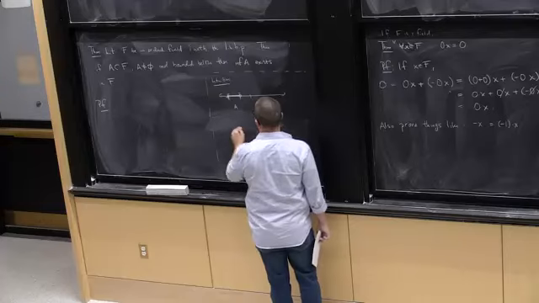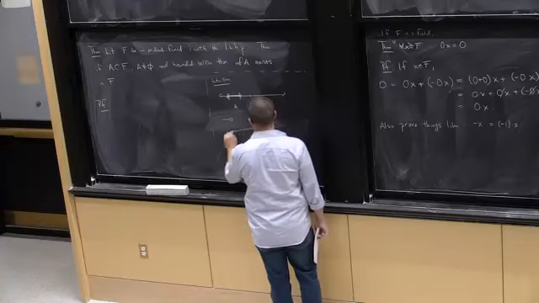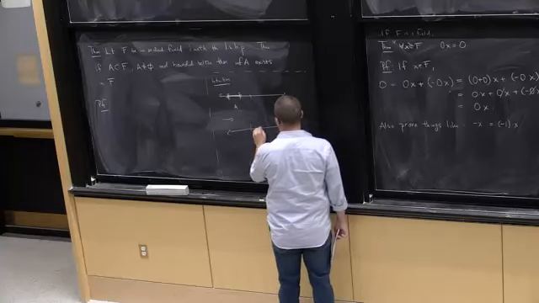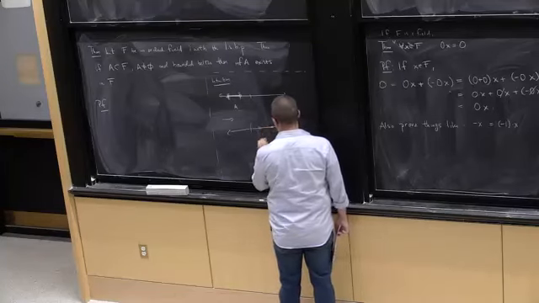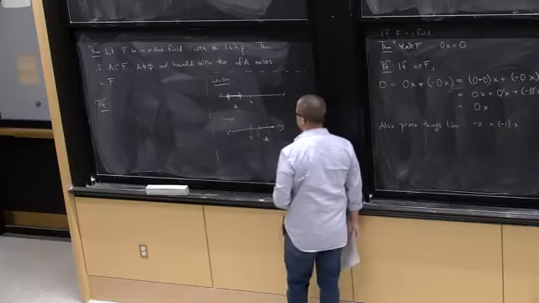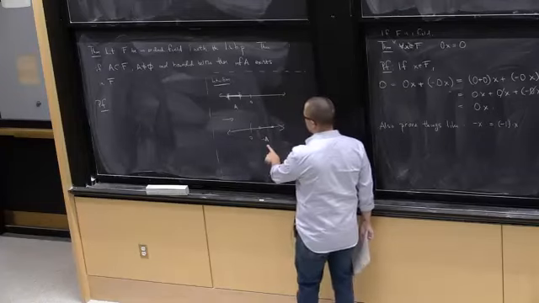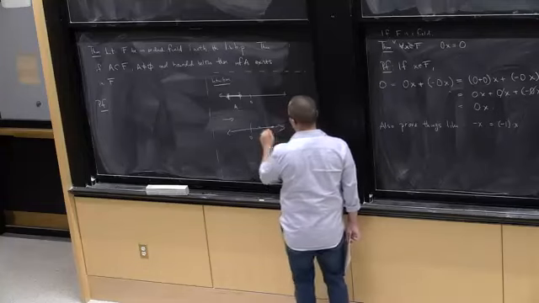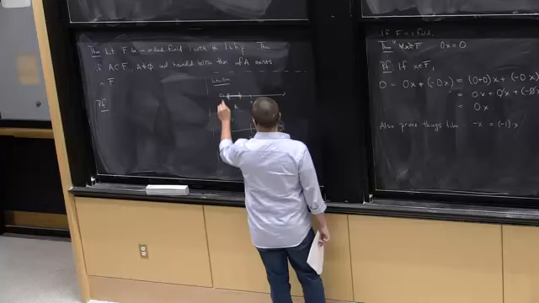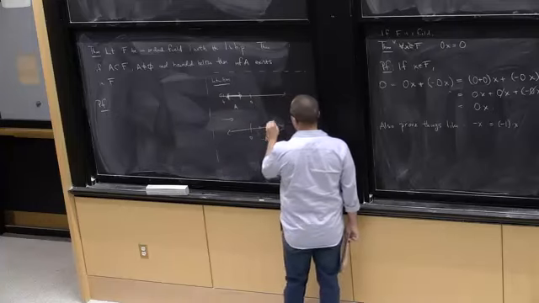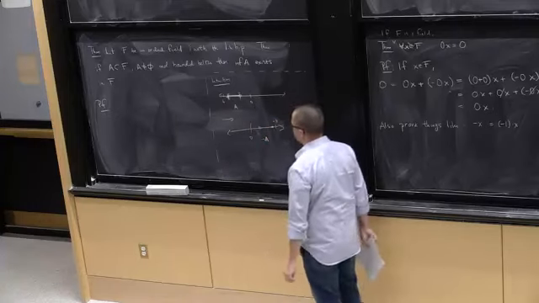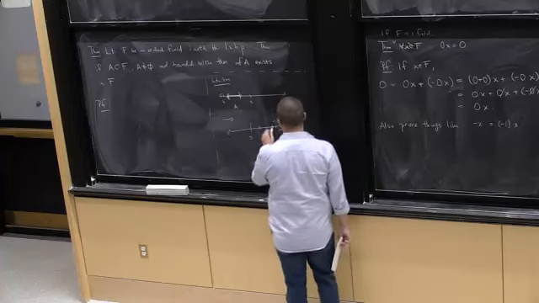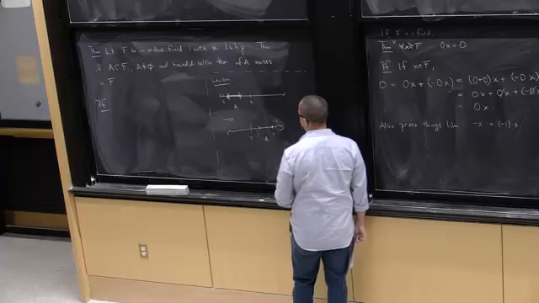So it's bounded below. Then if I look at minus A, so here I'm drawing 0. If I look at minus A, which is the set of the additive inverses of elements of A, I now have a set which is bounded above. So if B is a lower bound for A, then minus B will be an upper bound for minus A. And therefore, minus A has a least upper bound, which in this picture looks like x.